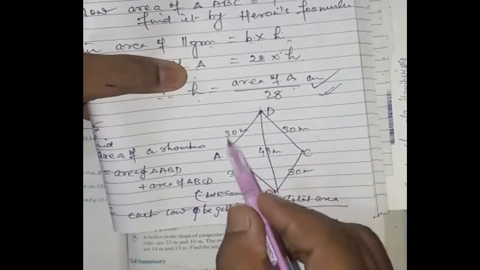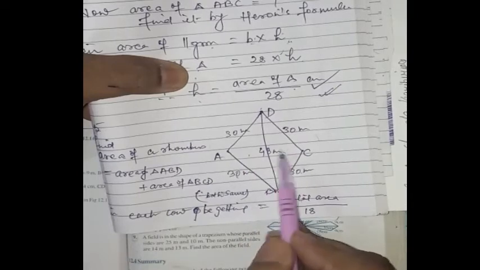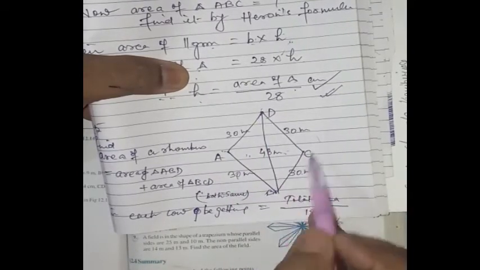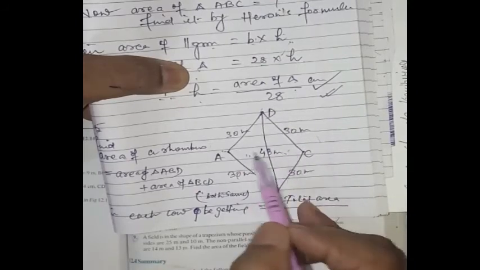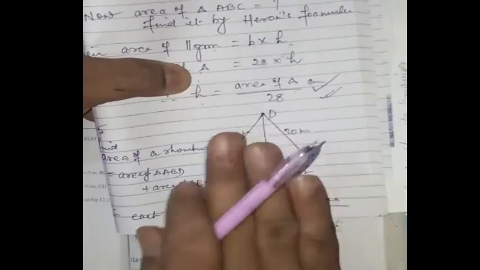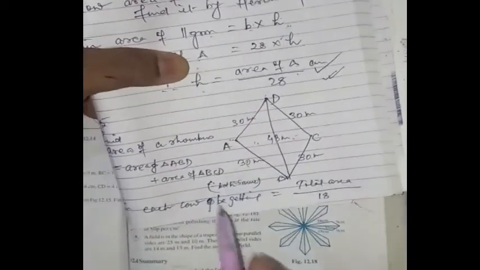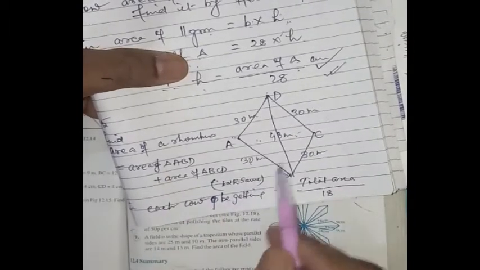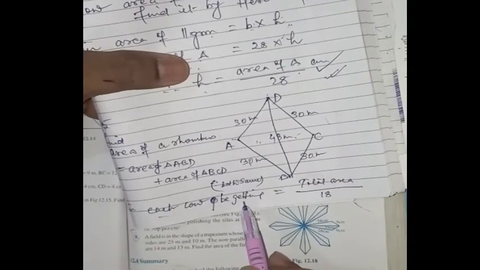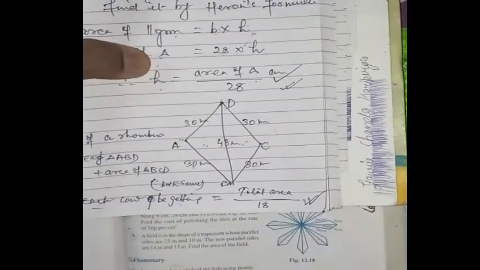So find the total area: the sum of the areas of triangle ABC plus BCD by Heron's formula. This is for 18 cows, so for each cow, the total area divided by 18. You will get the answer.